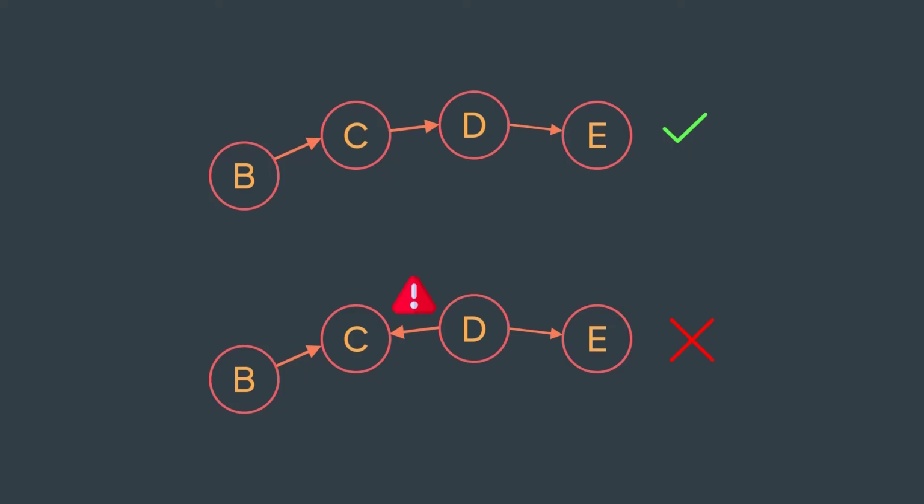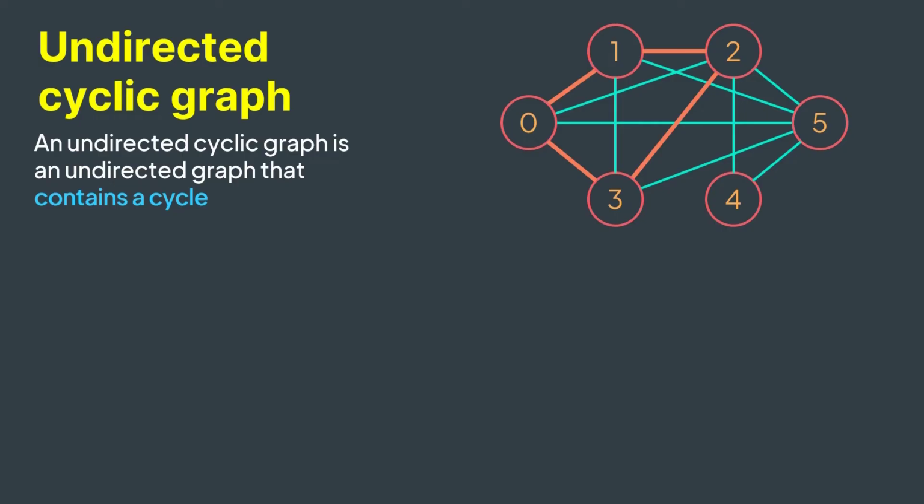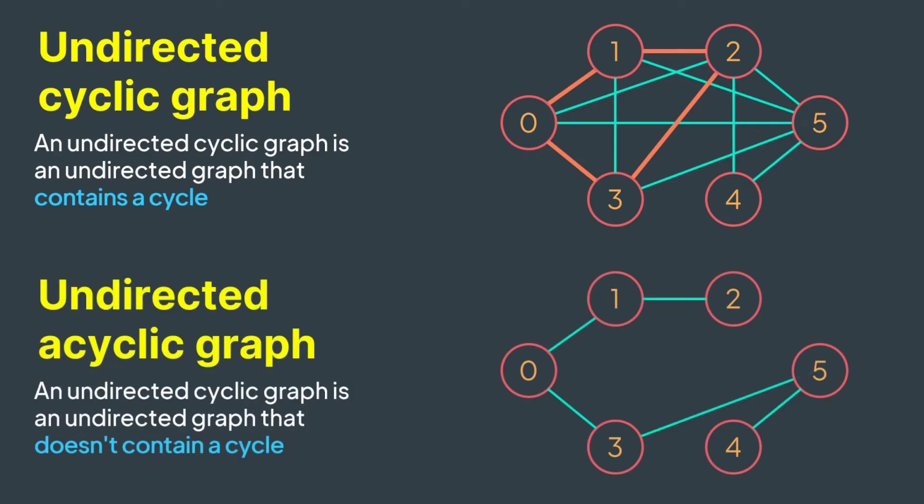And from the definitions we've seen now, we discovered two new types of graphs, cyclic and acyclic graphs. An undirected cyclic graph is an undirected graph that contains a cycle, like this one. One of its cycles is the orange one. And obviously, an undirected acyclic graph is an undirected graph that doesn't contain a cycle, like this one.